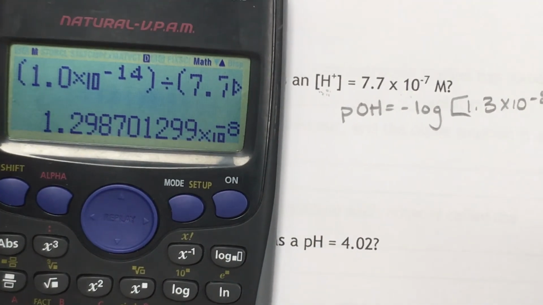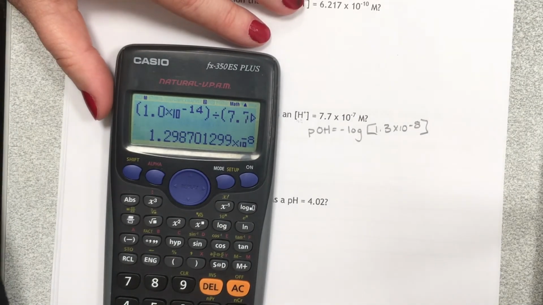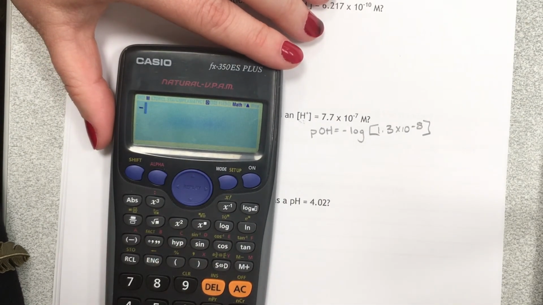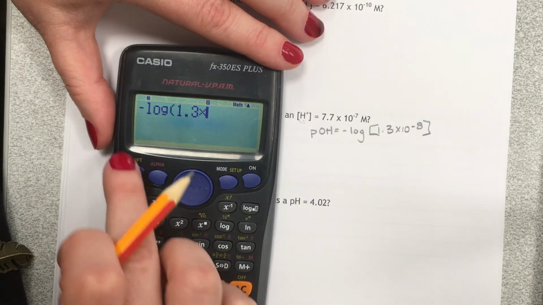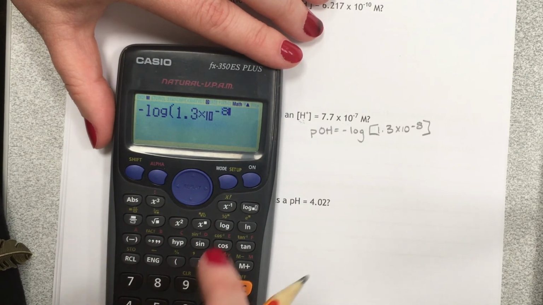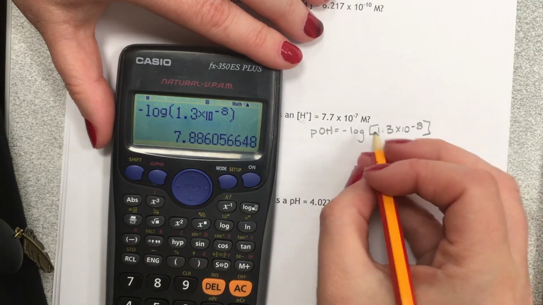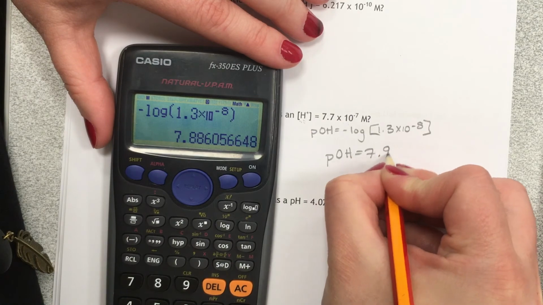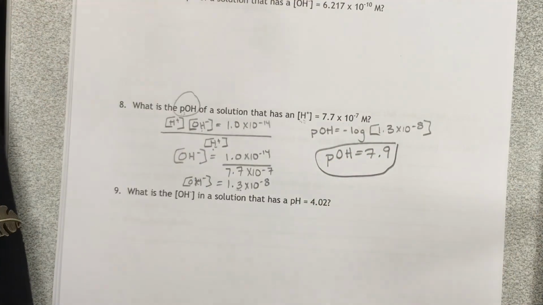How you would do that is you type in the negative log of 1.3 times 10 to the negative 8, close parentheses, and the pOH is equal to 7.9. And that's the answer.